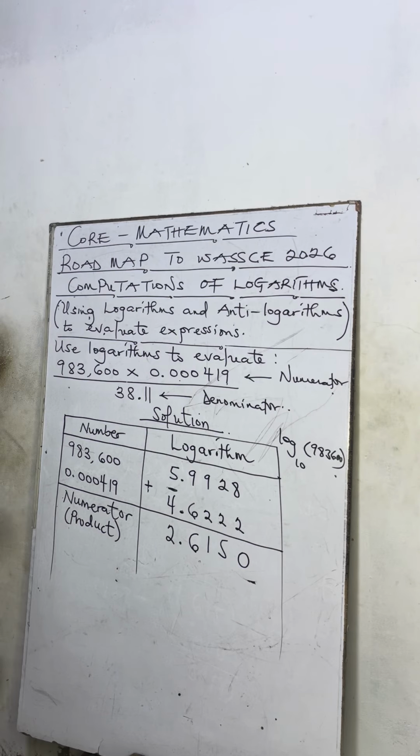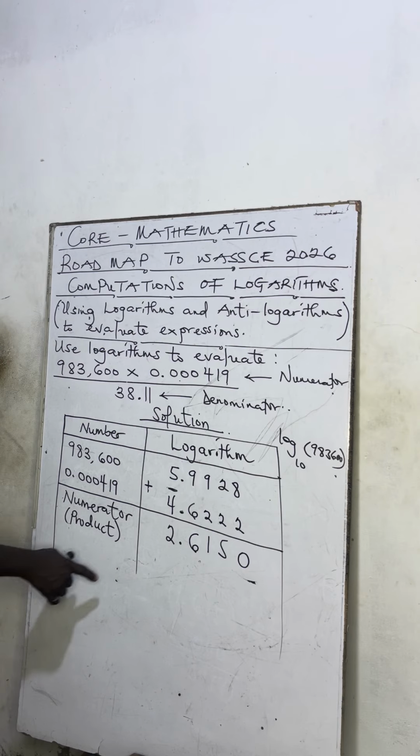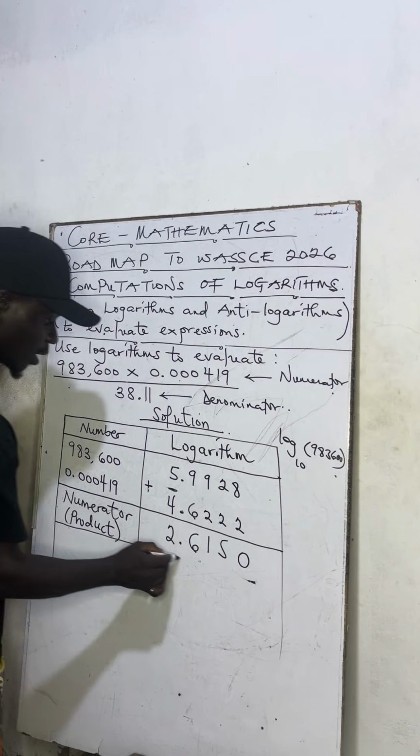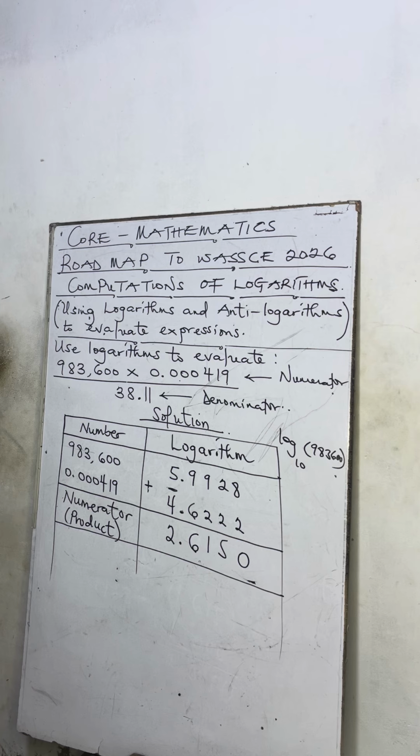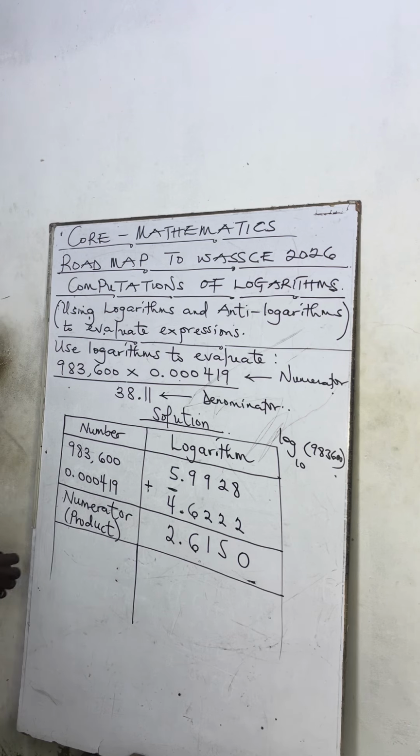Okay, so that's the numerator, which is the product, and in logarithm we should add. So let me close this one. Let me come to the denominator.